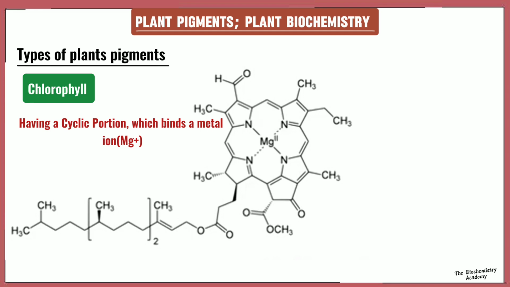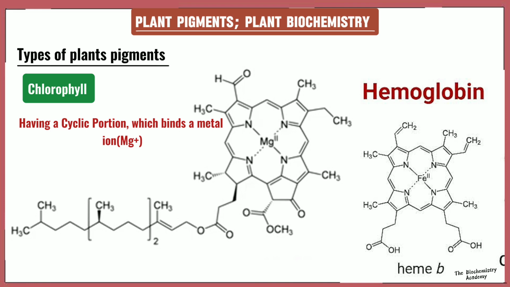The structure of chlorophyll is similar to that of an important molecule in the blood called hemoglobin. In hemoglobin, the cyclic portion is bound by a metal ion, but in the case of chlorophyll, it is bound by the metal ion magnesium.